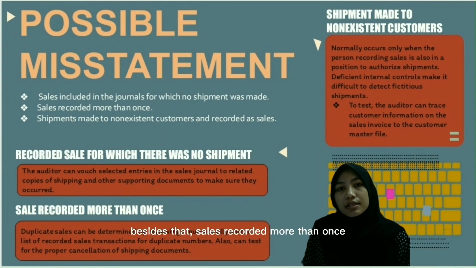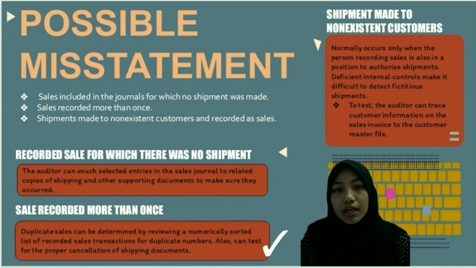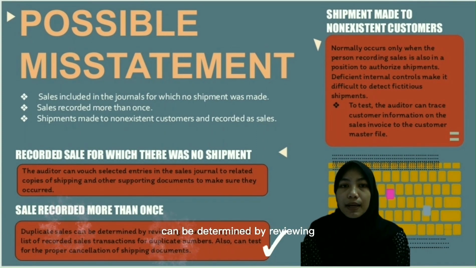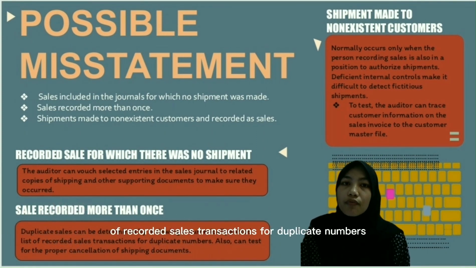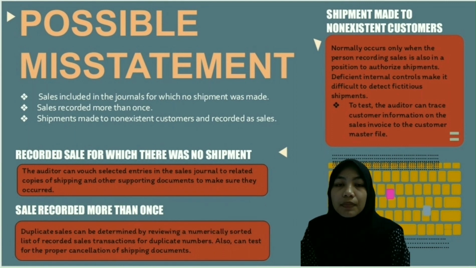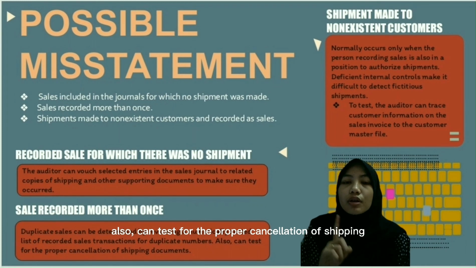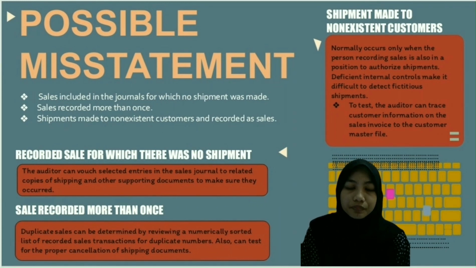Besides that, sales recorded more than once. Duplicate sales can be determined by reviewing a numerically sorted list of recorded sales transactions for duplicate numbers. Also, test for the proper cancellation of shipping documents.